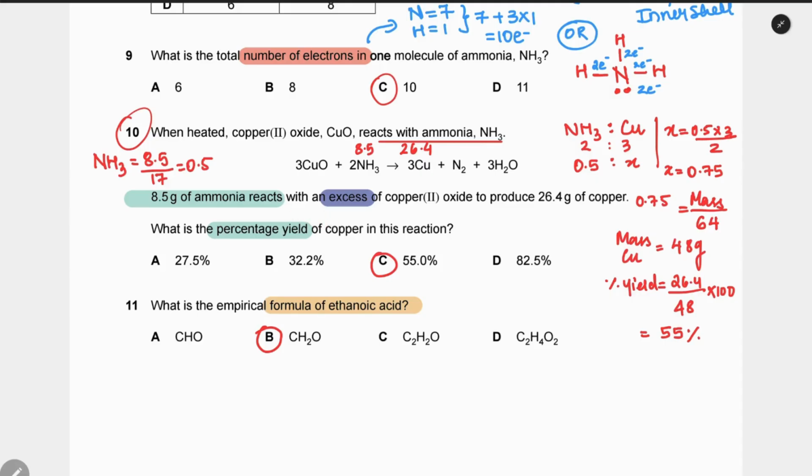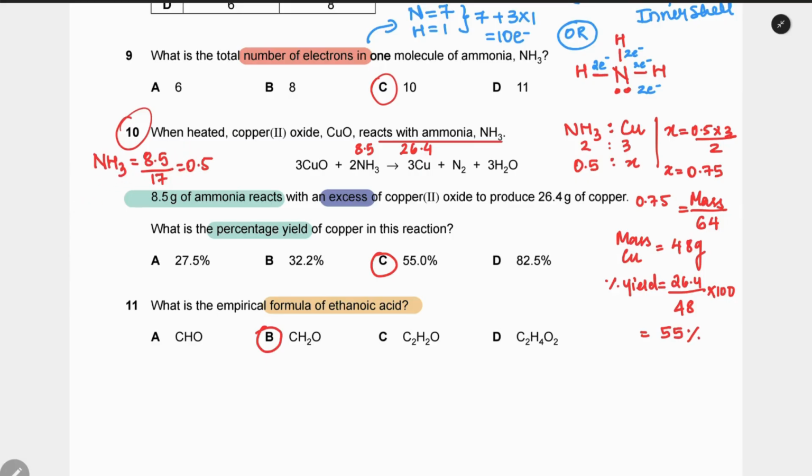For that reason, we need the mass of copper, which we do not know actually. So let's get started. The information given to us is ammonia and copper, so we can first start with the mole. Moles equal mass over molar mass.